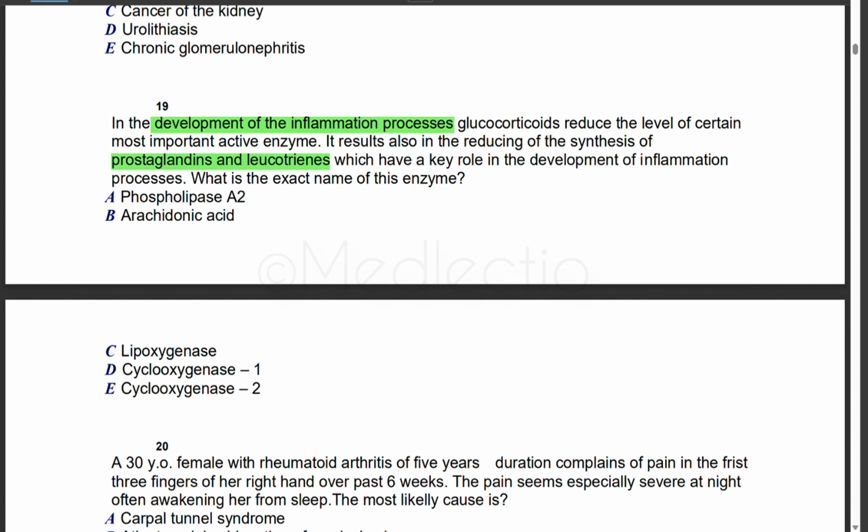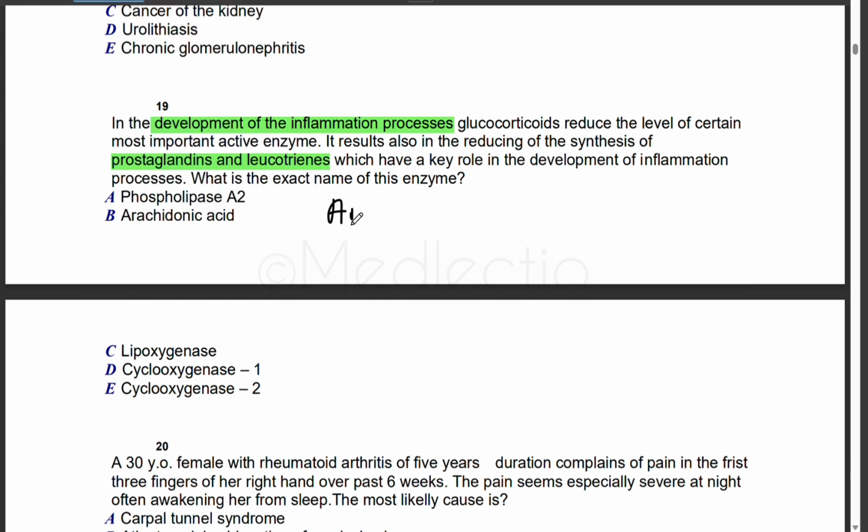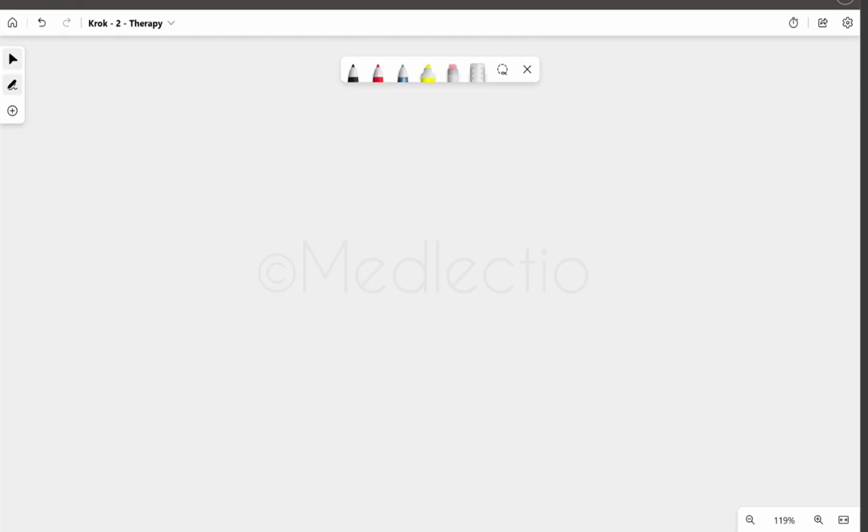So here they are asking about what? They are asking about the arachidonic acid pathway. So first we need to know about this. After that we will know which enzymes are inhibited by glucocorticoids.